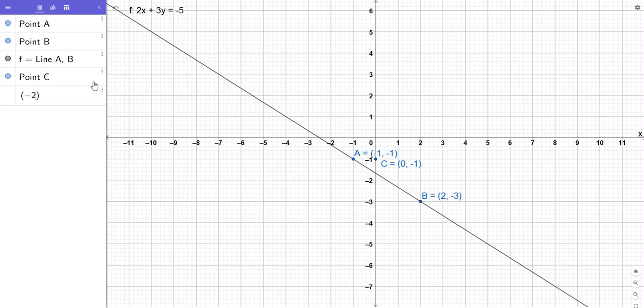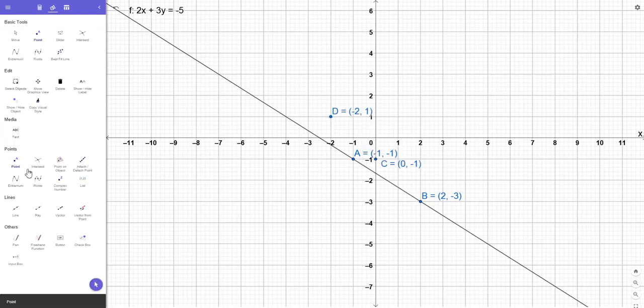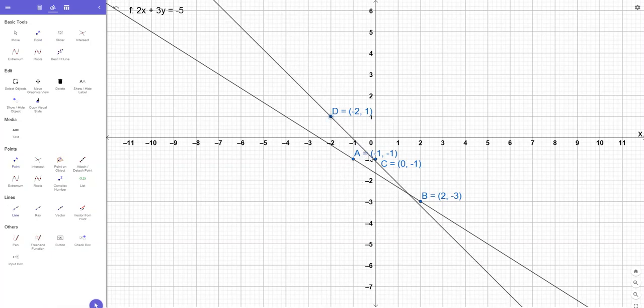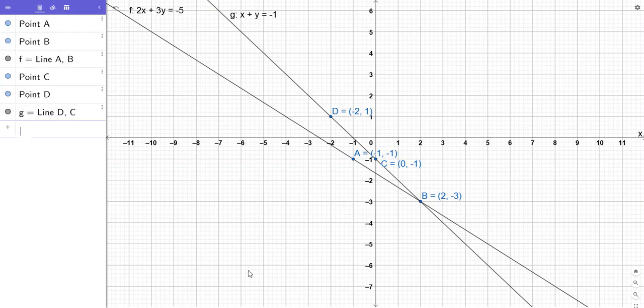We'll plot that also. -2 comma 1 is over here. Now what we need to do is join these two points. Here it is, and this is representing x plus y is equal to -1. So here is the graph of both of the equations.